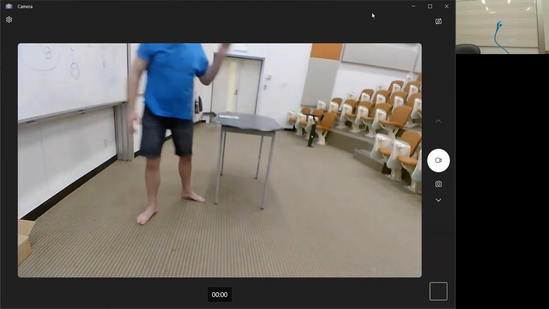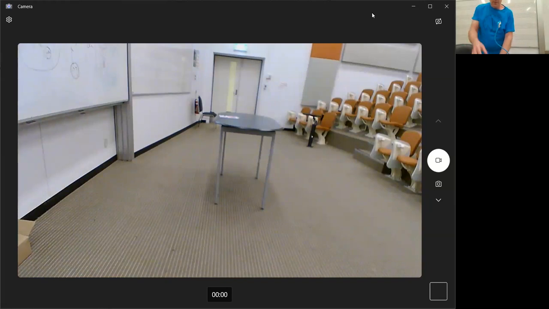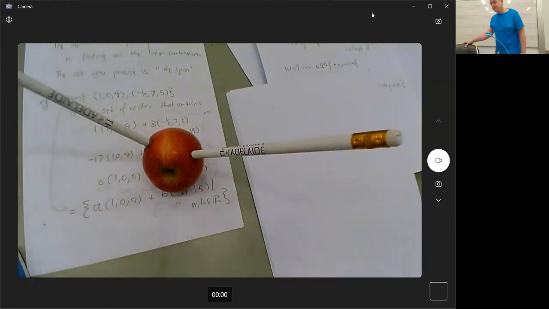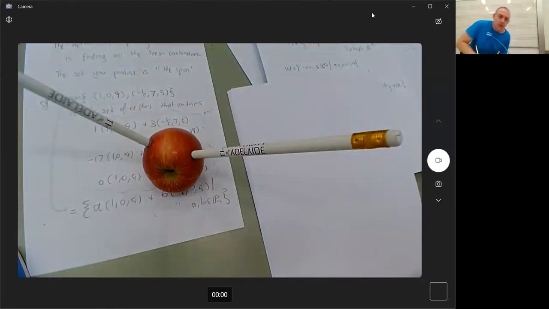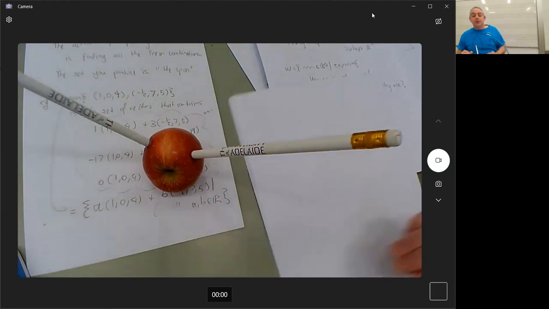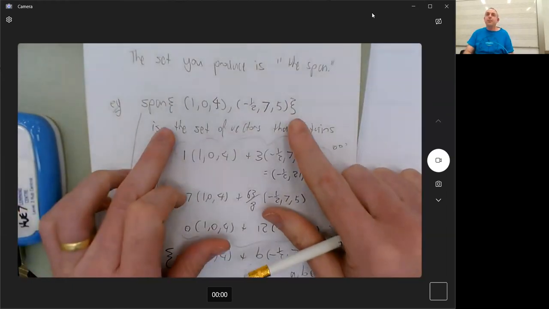So the span of two vectors in R3 is a plane. This plane. Okay? So this object just here, this span of these vectors, is a plane.